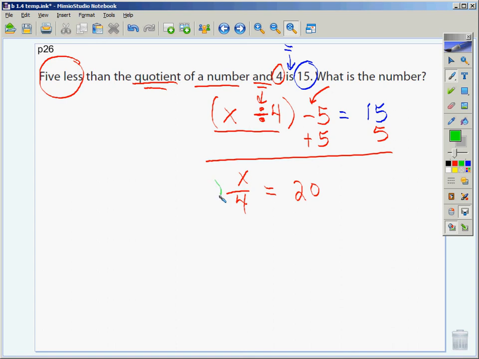Multiplication. My number is 80. A number divided by 4. 80 divided by 4 would be what? 5 less than that would be what? I can see that I came up with the right answer. Ready with me?